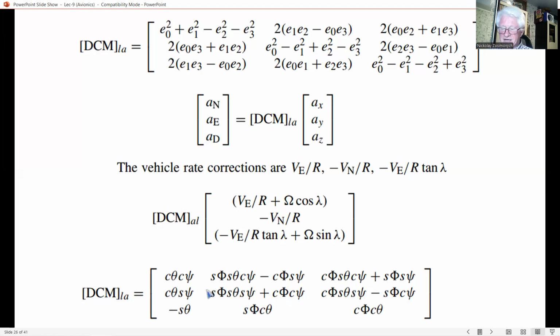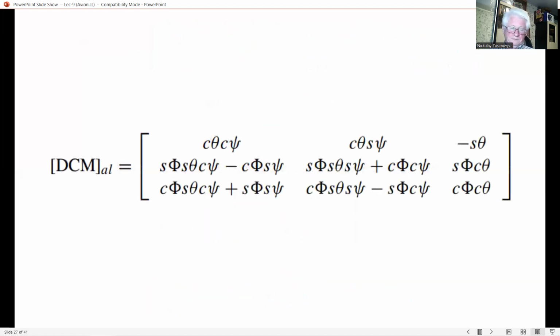S sine, C cosine. So the initial value of the direction cosine matrix between the local NED axes and the aircraft axes is given by this expression.